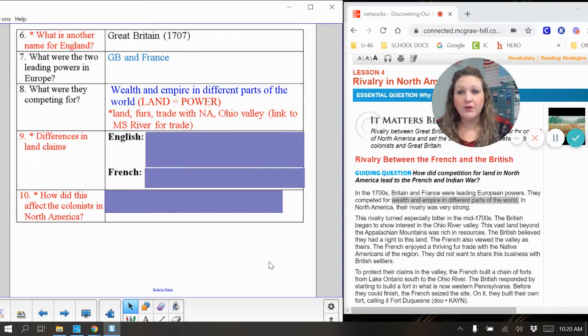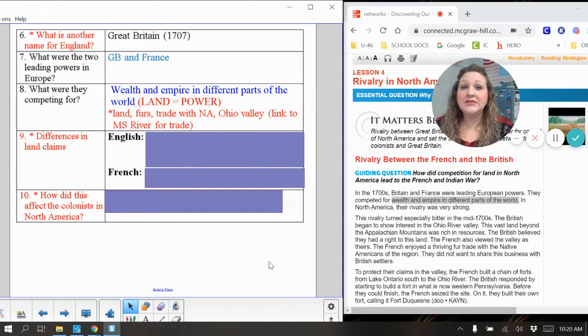And so also things that they're competing over are the land, fur, trade with Native Americans, and the Ohio Valley specifically. And the reason why they want this Ohio Valley is because it's a link to the Mississippi River that they can use then for trade. I'm actually going to flip back to the map in just a moment to point something out to you about that.